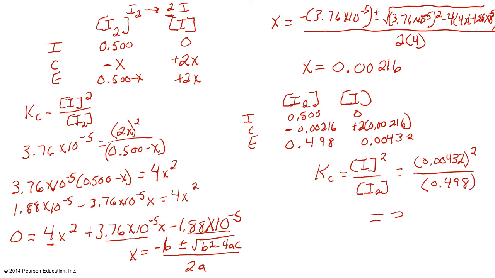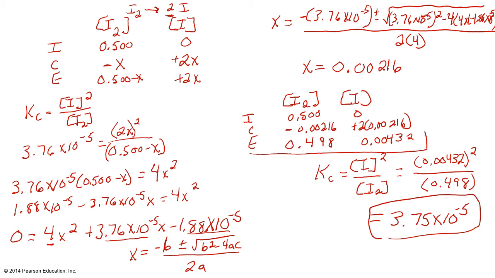And we get 3.75 times 10 to the negative fifth, which is good because we started with 3.76 times 10 to the negative fifth. So we know that we've solved it appropriately. And so our equilibrium concentrations for the I2 are going to be 0.498 molar and 0.00432 molar.